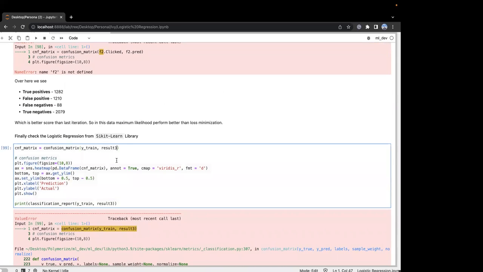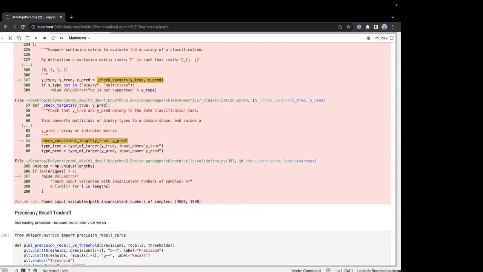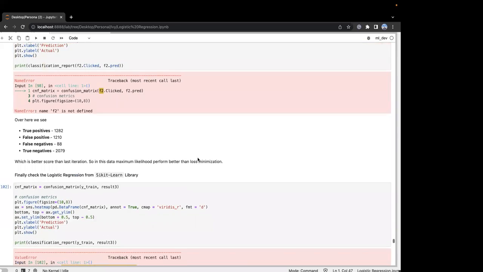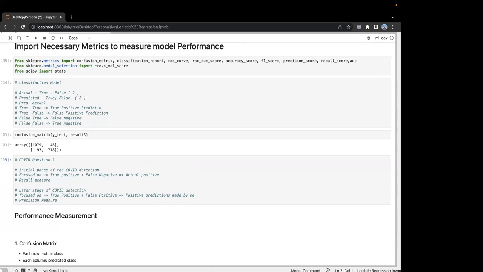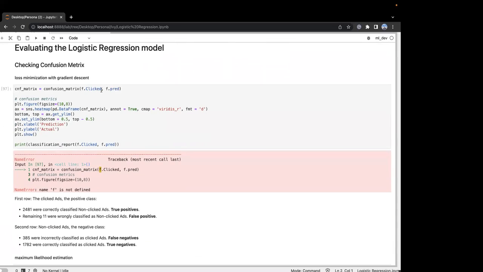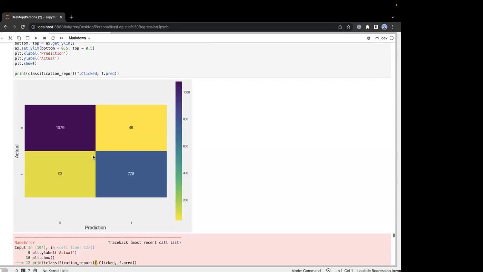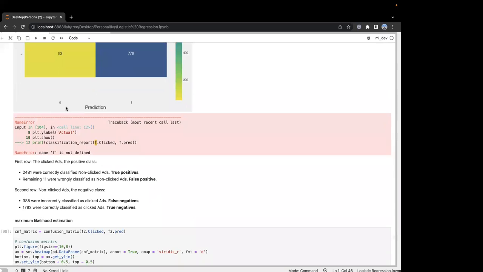Okay, why train result? See, this should work. Why is this not working? I had created this here. Why test result 3? Right, so this is the confusion matrix that we originally had.